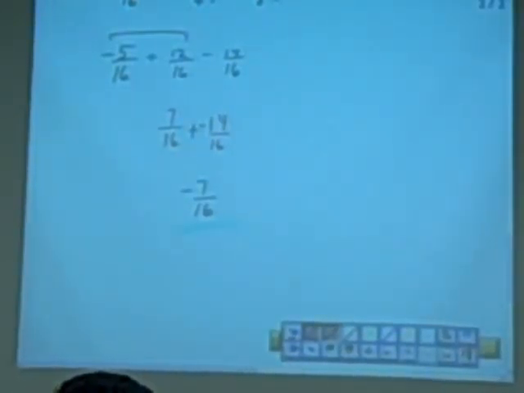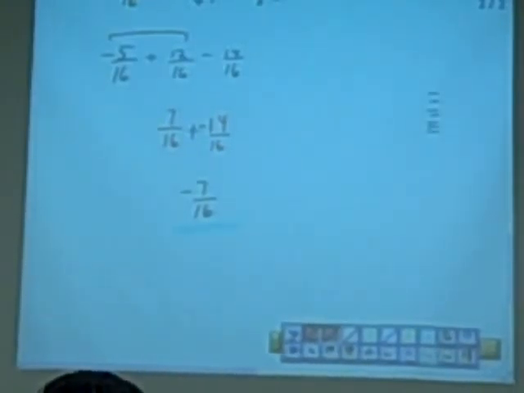If you were to write this down, you got 1, 2, 3, 4, 5, 6, 7, 8, 9, 10, 11, 12, 13, 14 negatives, right? And 1, 2, 3, 4, 5, 6, 7 positives, right? So the negatives and the positives, when they're together, they cancel out. These two go together, they cancel, cancel, cancel, cancel.